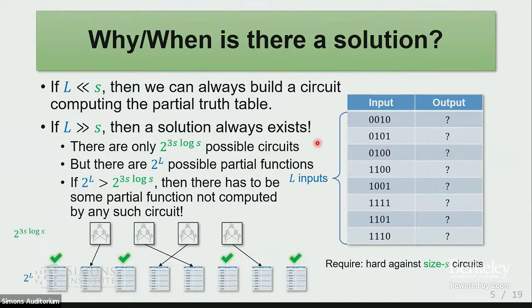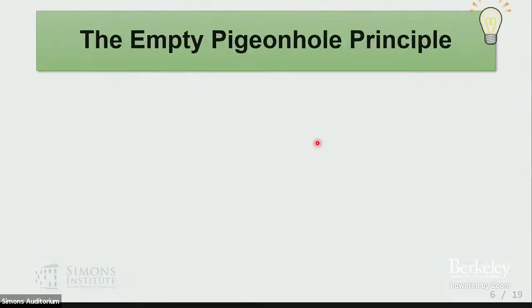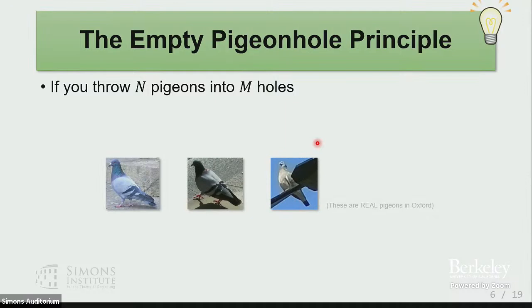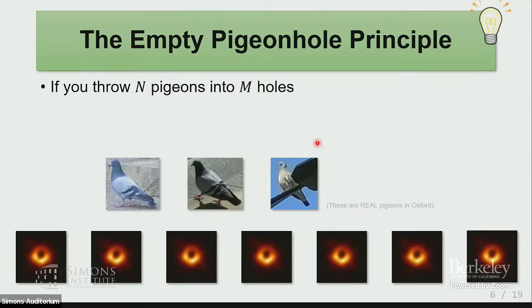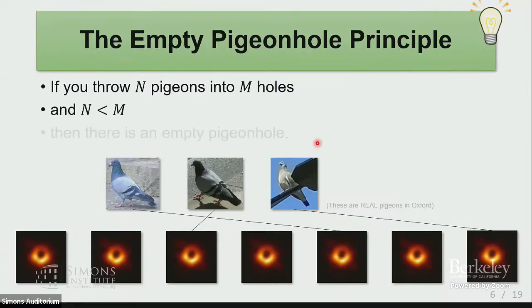If I ask you again, why is there a solution? You might answer the empty pigeonhole principle. What is the empty pigeonhole principle? If you throw n pigeons into m holes in some arbitrary way, and n is less than m, then there has to be an empty pigeonhole.